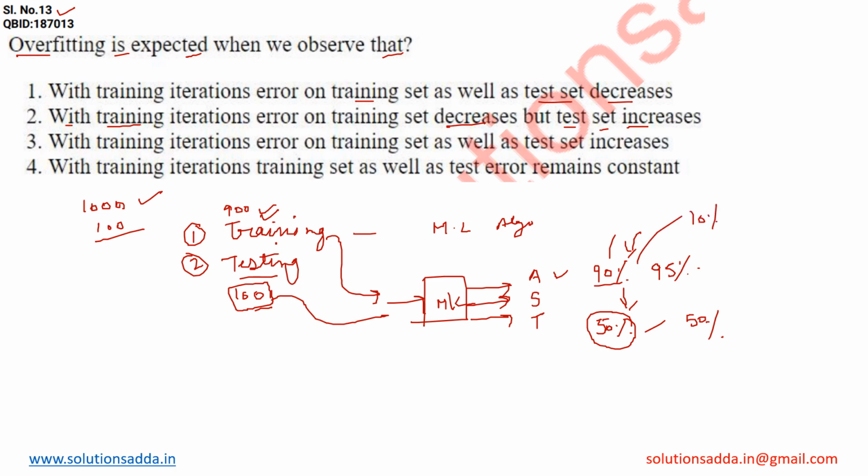By observing the second option, you can see it clearly explains the overfitting problem: with training iterations, the error in the training set decreases, and in testing the error increases. So the correct option for this question is option number 2.